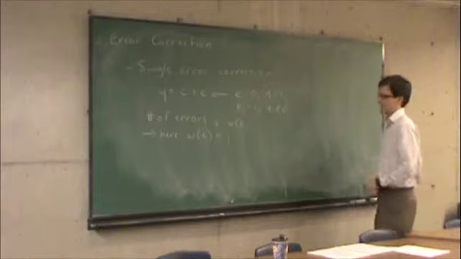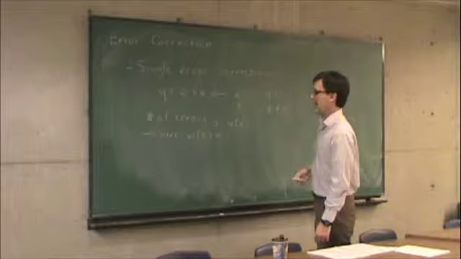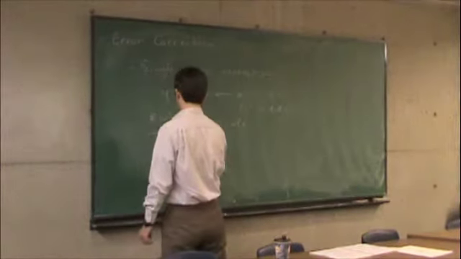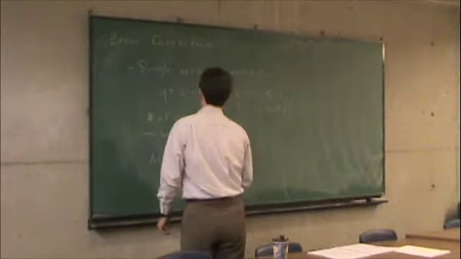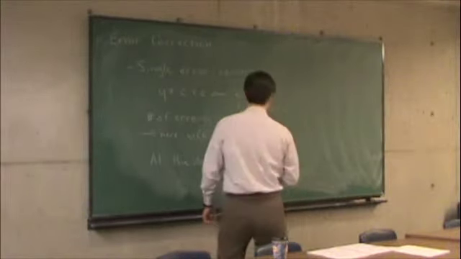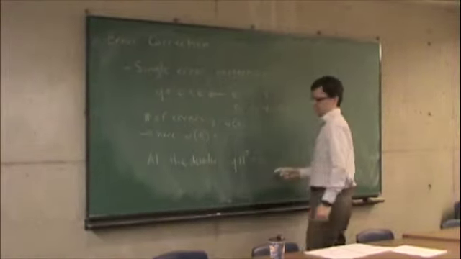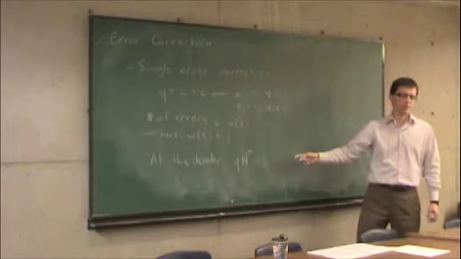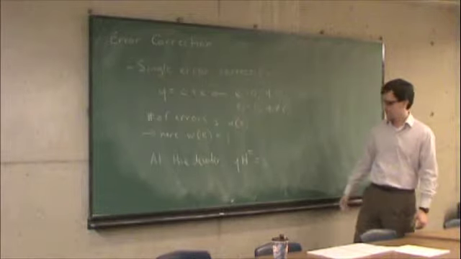Furthermore, at the detector, or at the decoder, here's what I do. I take Y and multiply by H transpose, and that gives me the result S. We already know that if S is equal to all 0, then Y is a valid code word. So the natural assumption is that the code word is correct, so we take no further action.